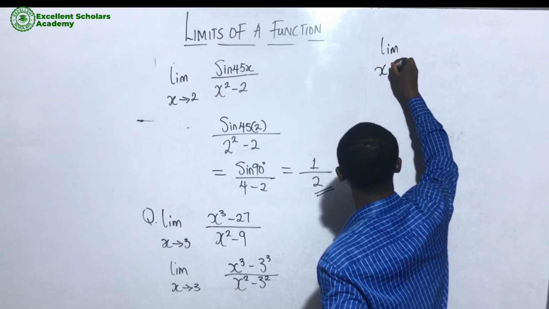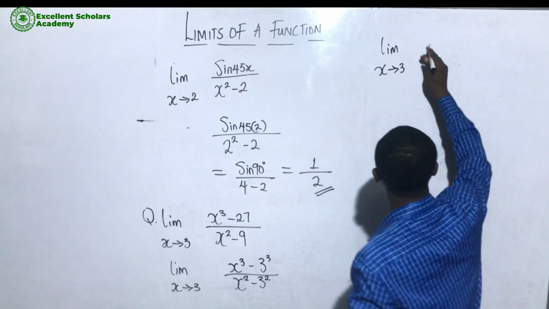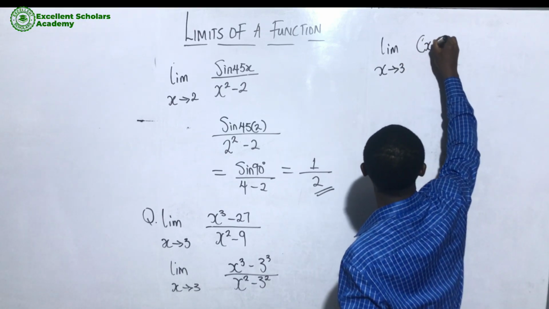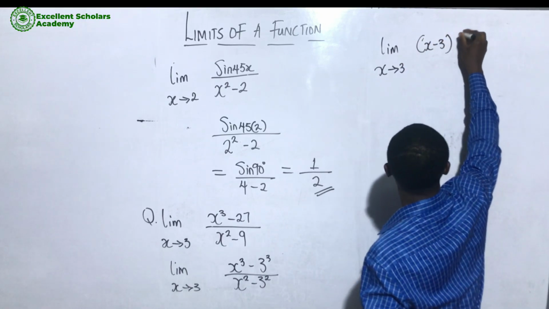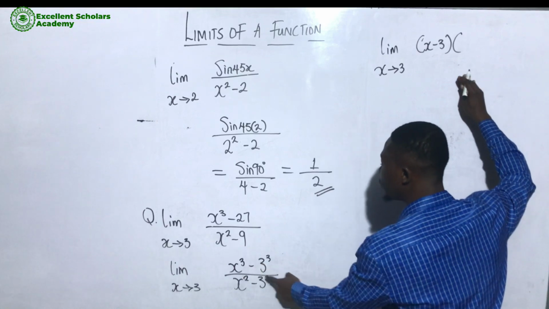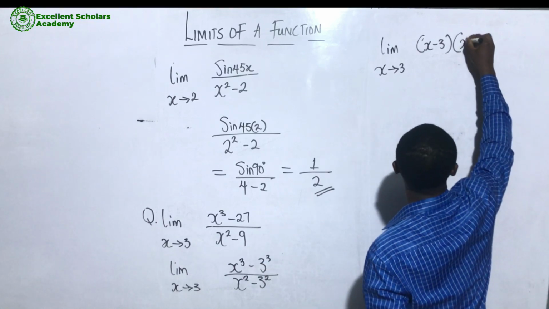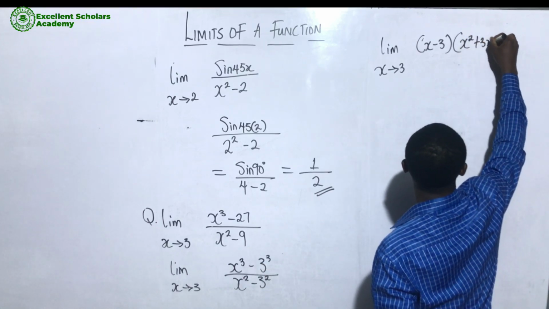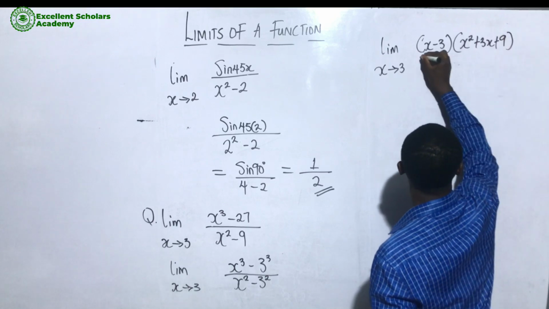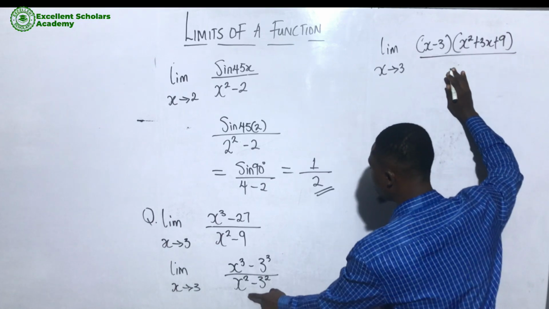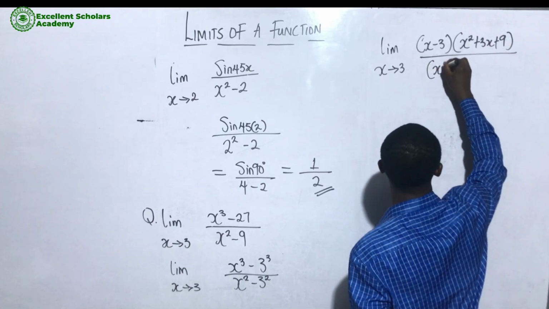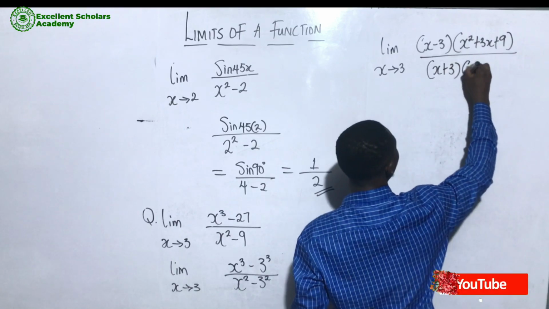Limit as x tends to 3. This can be factorized into x minus 3 into bracket, because this is a difference of 2 cubes, x squared plus 3x plus 9, over this difference of 2 squares which can be factorized into x plus 3, x minus 3.